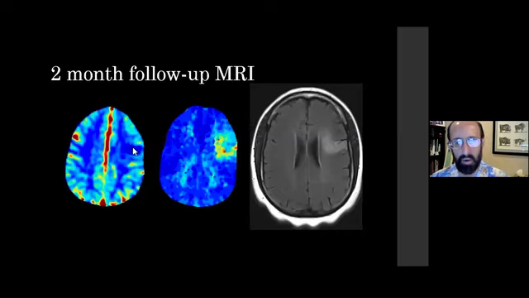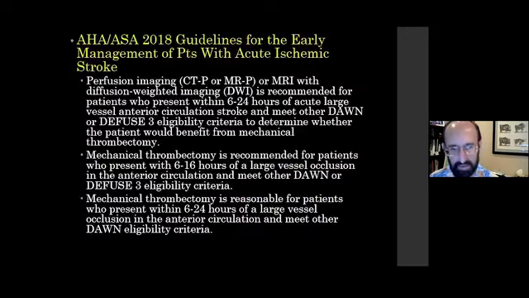So 2-month follow-up on the same patient. This is the area of infarction, and you can see that it looks pretty similar to the area of abnormality in the CBF. And in this area at risk, the tissue at risk was not all infarcted on the follow-up MRI scan. And so that area was able to be saved with medical management.